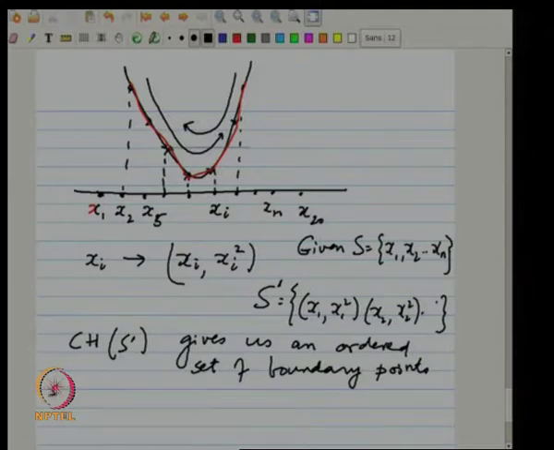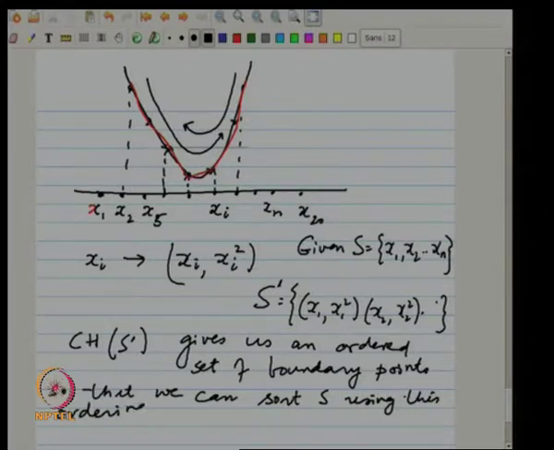So that we can sort S using this ordering, since all points are on the boundary.